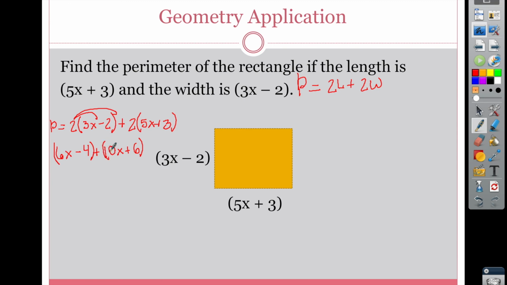So I'm going to rewrite my equation where I can add like terms. So 6x minus 4 over 10x plus 6. So 6x plus 10x is 16x. And negative 4 plus 6 is 2. So our final answer would be the perimeter is 16x plus 2.